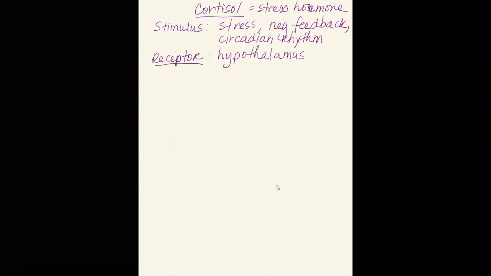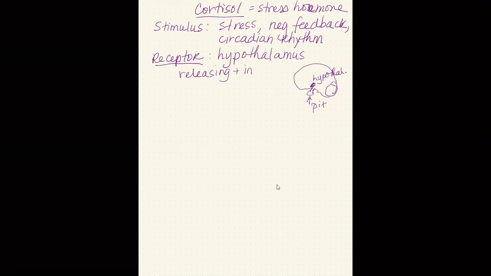I don't know if I can draw a brain. Let me try. So here's the brain, right? And here's the pituitary, and the hypothalamus is above it. Now the hypothalamus releases hormones that are called releasing or inhibiting.